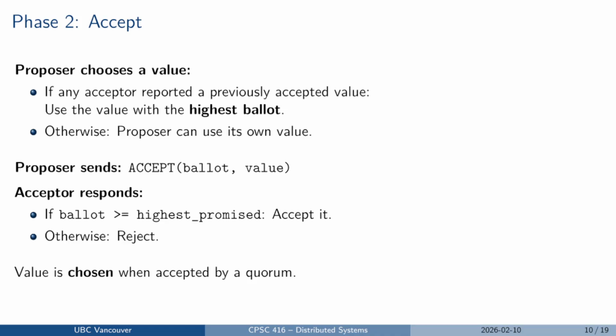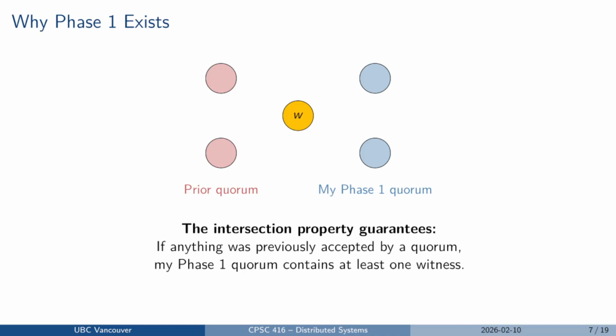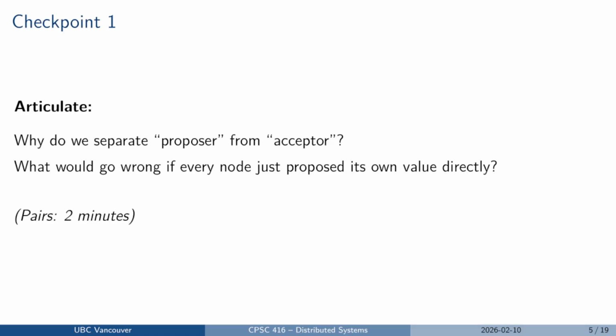I think you're missing the fact that phase one, or the slide is wrong, which is certainly possible. In phase one, we send that out. An acceptor responds if the ballot is greater than the highest promised. And that is the acceptor saying, I won't accept a ballot with a lower number.